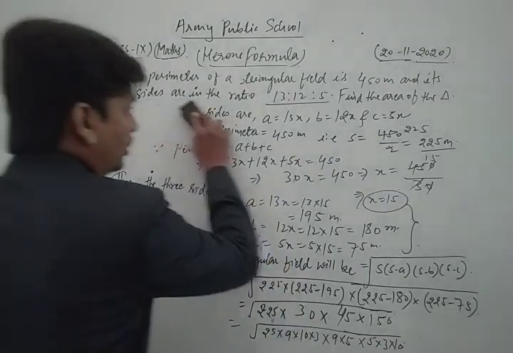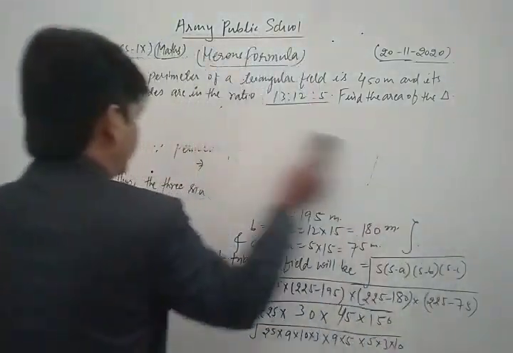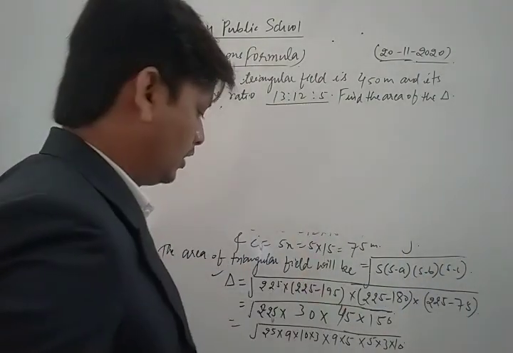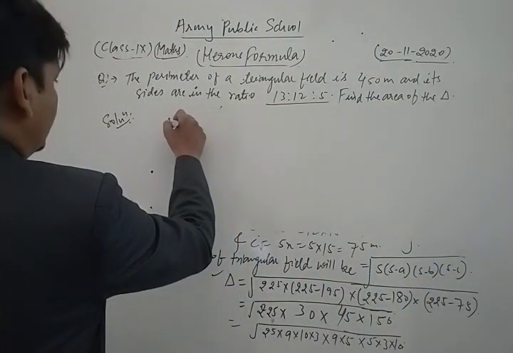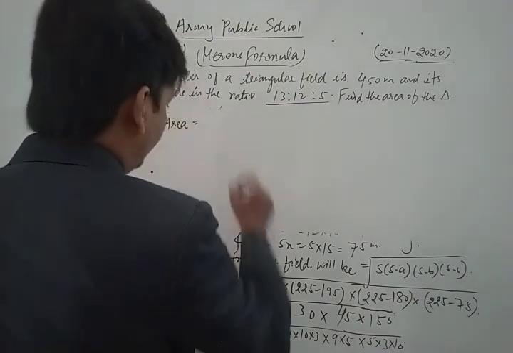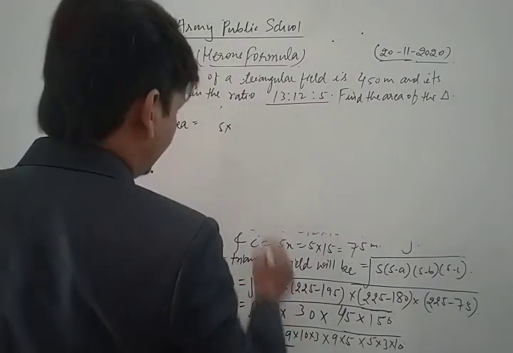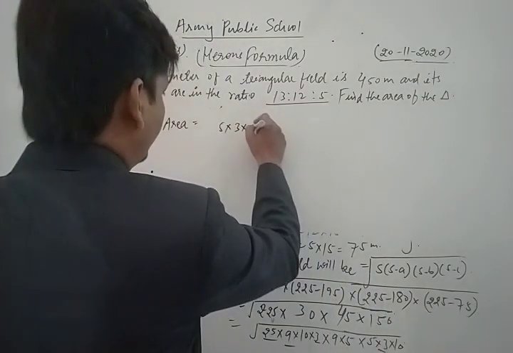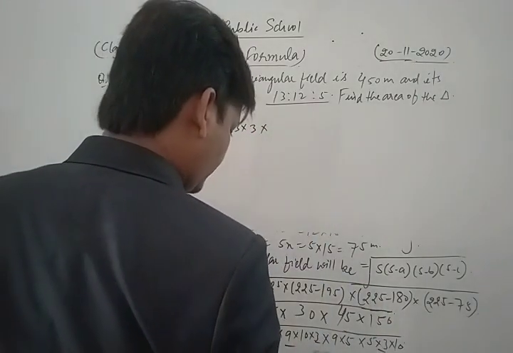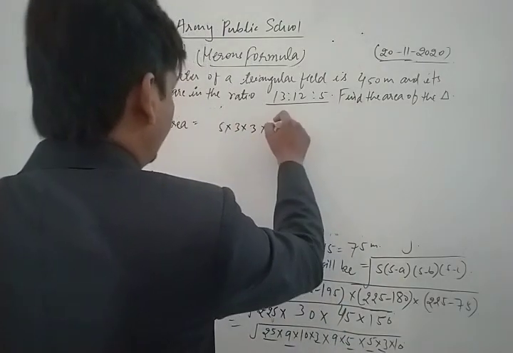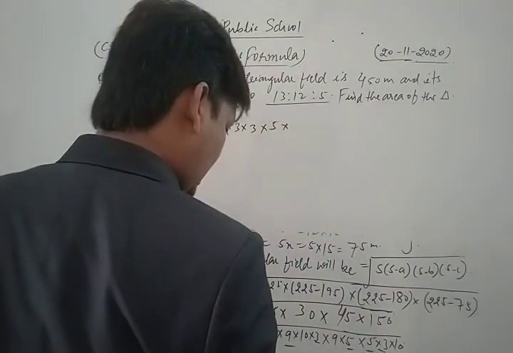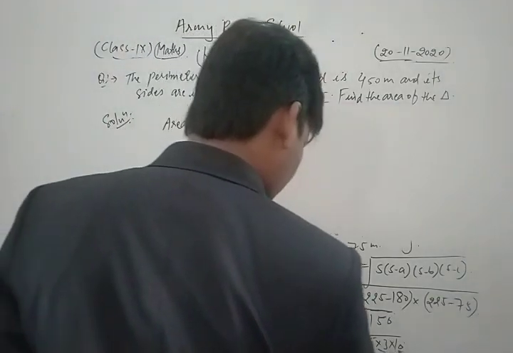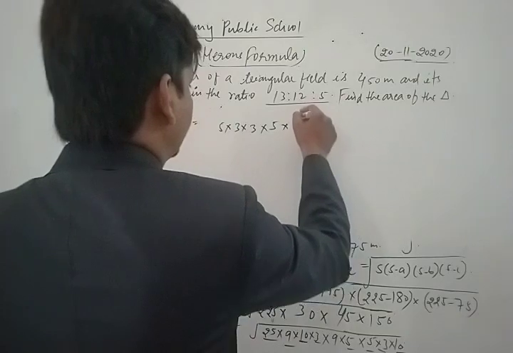Now area will be, let's see, the square root of 25 is 5, the square root of 9 is 3. 3 is also in pair, so 3 comes out of the surds, 5 is also in pair, so 5 also comes out, and 10 is also in pair, so 10 also comes out.